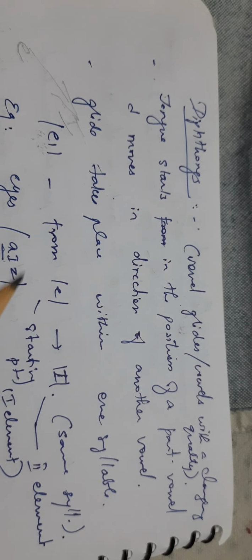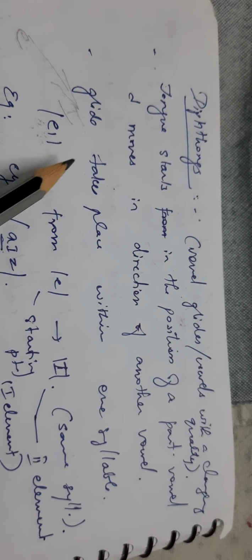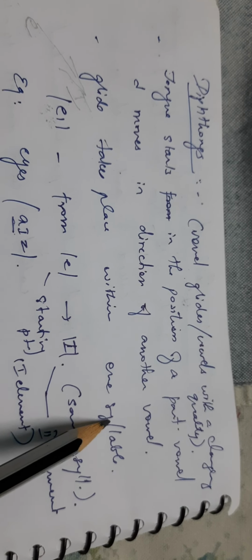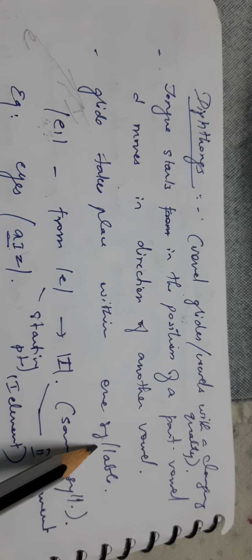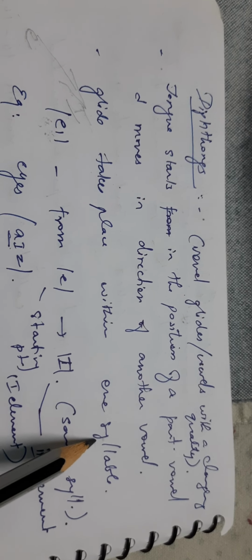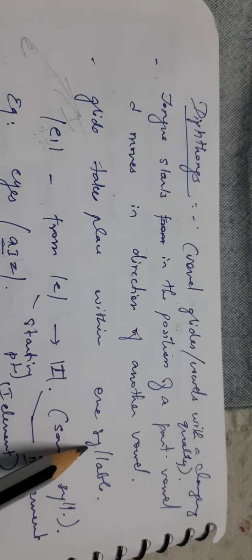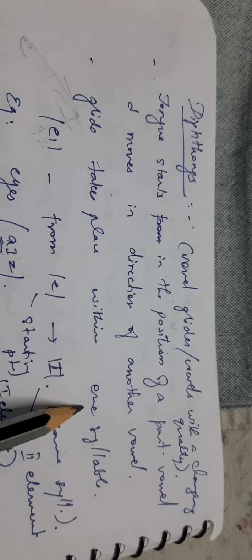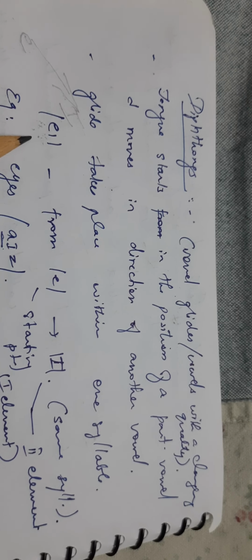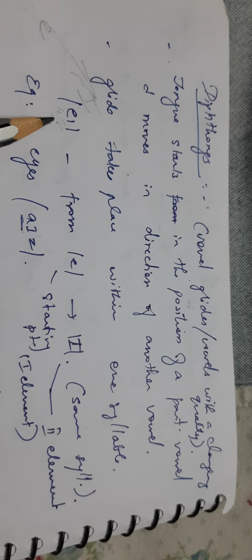The most important thing you have to remember is that the glide takes place within one syllable. Clear? You know what is called a syllable? The sound that comes out of a single breath of air is called a single syllable. So when the two vowel sounds occur within one syllable, only then will that be called a diphthong or vowel glide. Clear?